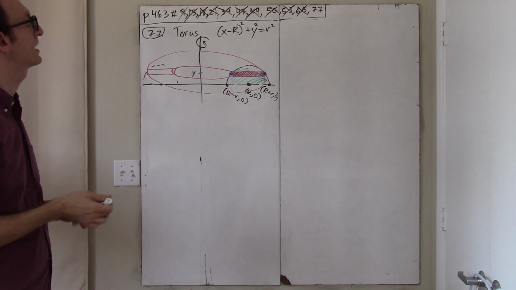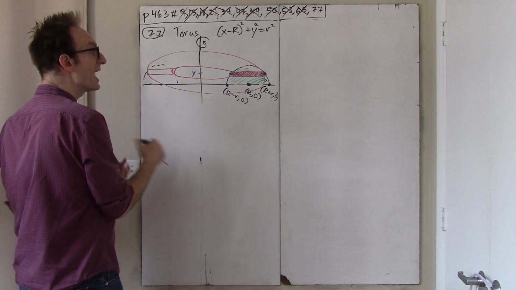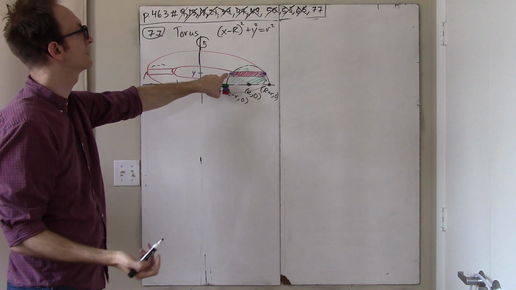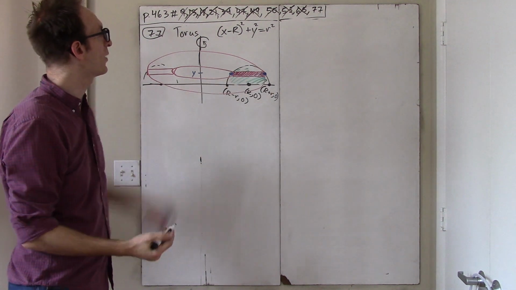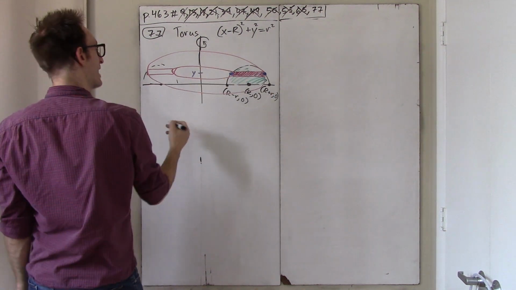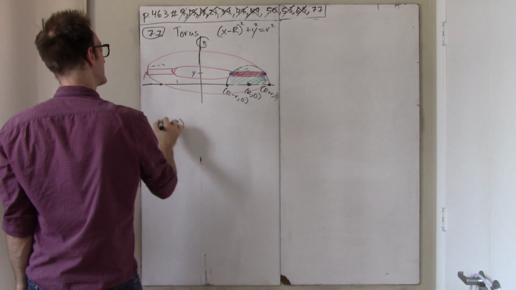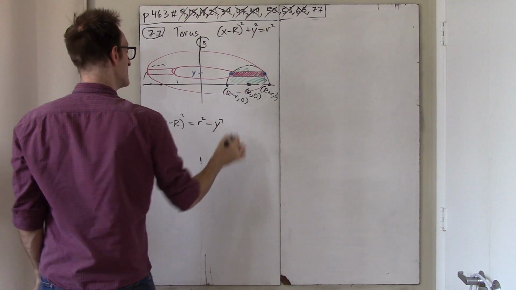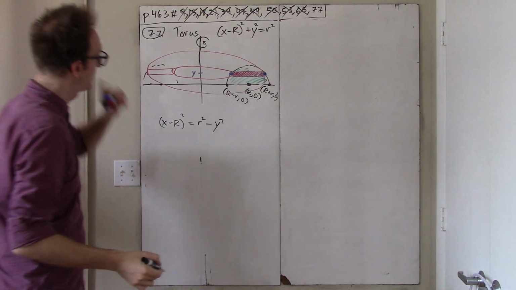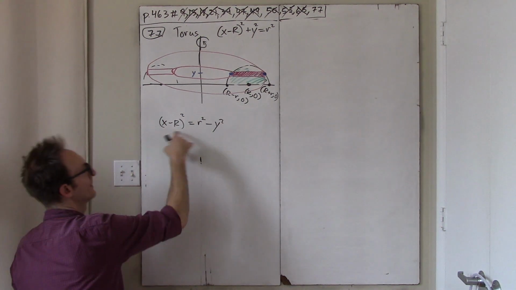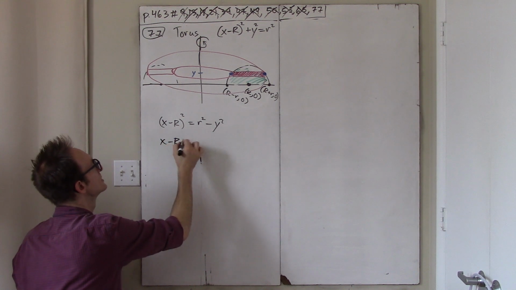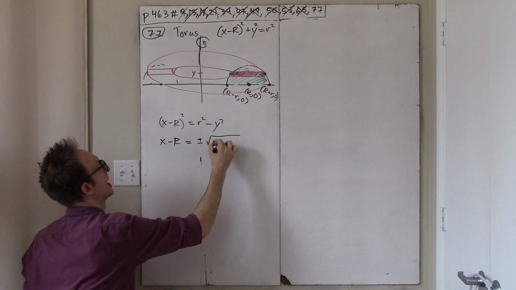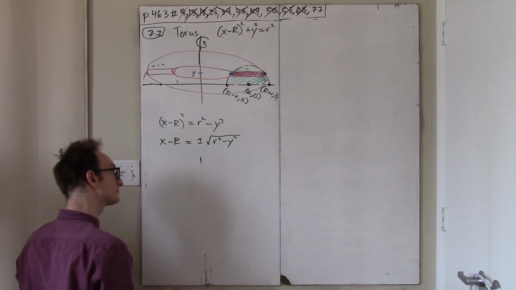If you solve for x, because I need to find the x coordinates for a given y, you get x minus R squared equals little r squared minus y squared. Then you take the square root, but you have to be careful, because you get plus or minus root r squared minus y squared.